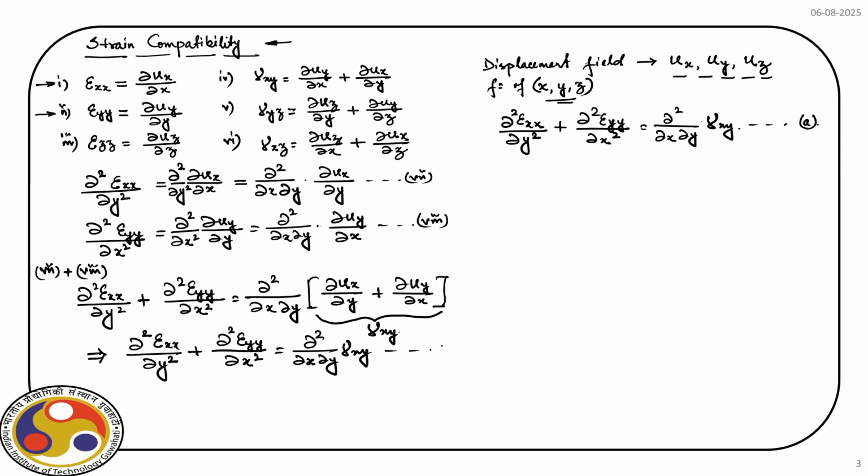So, say this is equation A. So, we considered epsilon xx and epsilon yy here in the first two equations, and then we developed equation 7 and equation 8, right. Now, if you follow the same route and if we take the other two, say this one epsilon yy and epsilon zz, we will get another similar equation, and then finally, if we consider epsilon xx and epsilon zz, we will get the third equation, which are very similar. So, let us write down those equations.